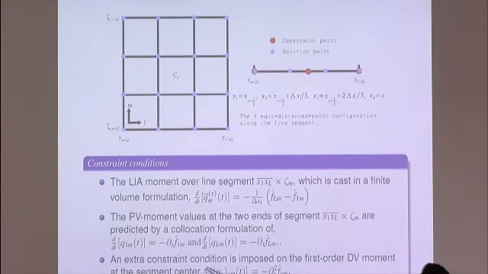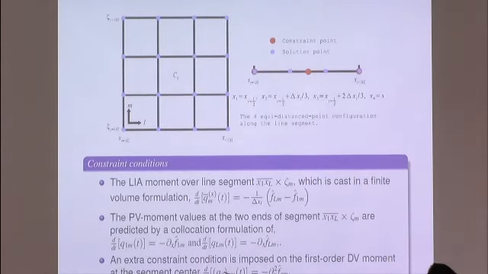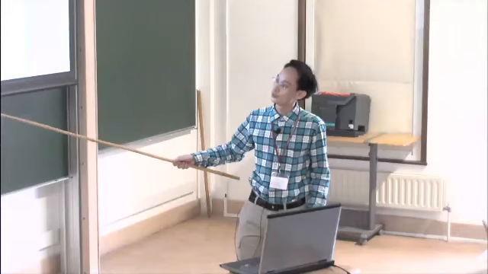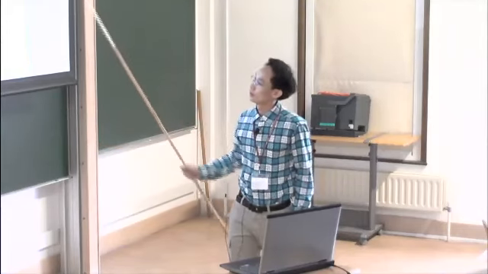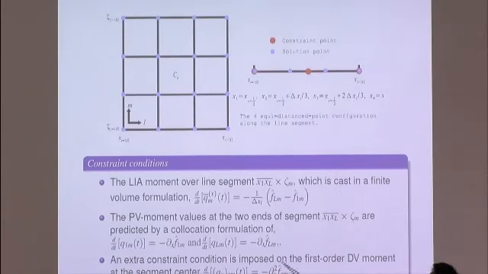Like this, we forecast the derivative of the DOF at the center. So we can get the second order derivative flux at the center.